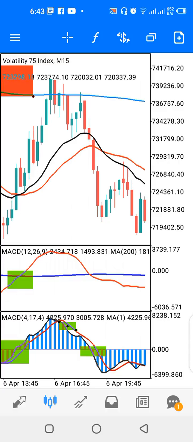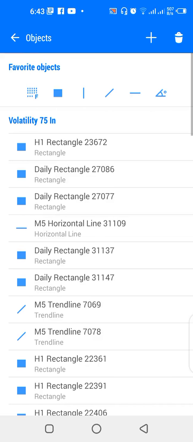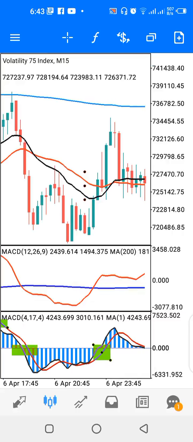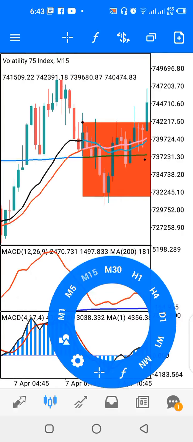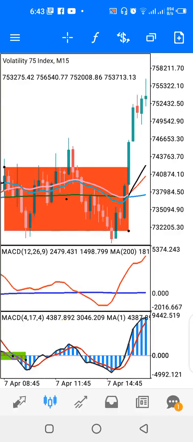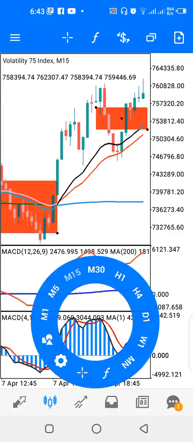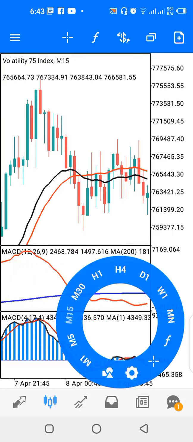All right. Just like you have around here, confirmation to buy. Like you have around here, confirmation to sell. Confirmation to buy, confirmation to sell.